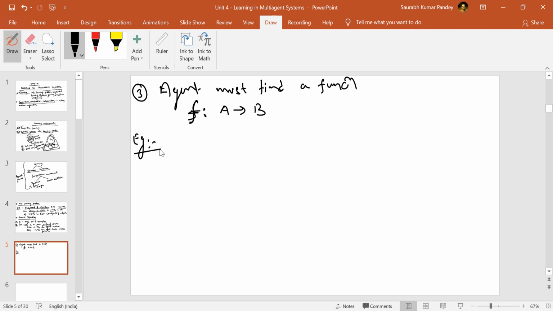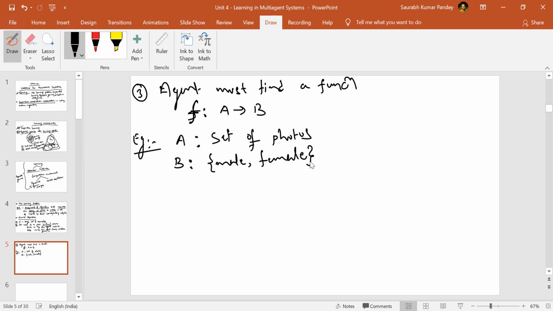Okay, so let's take an example. Let us suppose A, what is A? A is the set of inputs. As a set of inputs you are giving, let us suppose, a set of photos. And you have B, that is the set male or female.